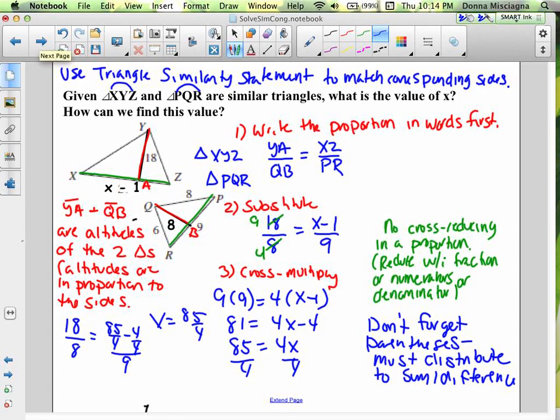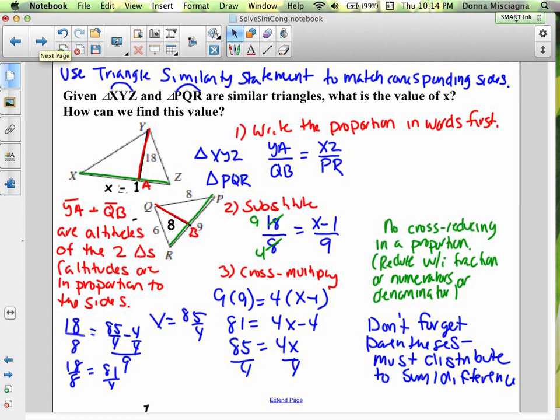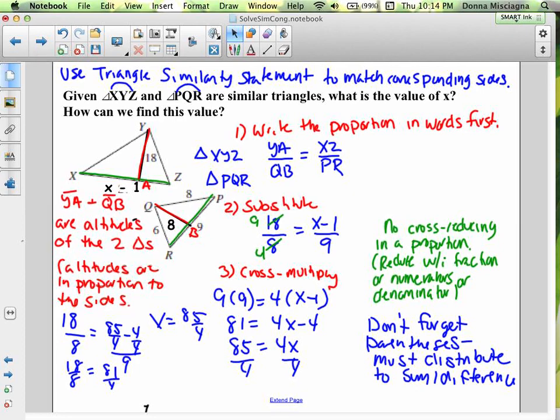All right, so we have 18 eighths. That's supposed to be an 8. Right, so 18 eighths equal, that would be 81 fourths divided by 9. I don't know if I can squeeze this all in. Maybe if I move that up just a teeny bit.